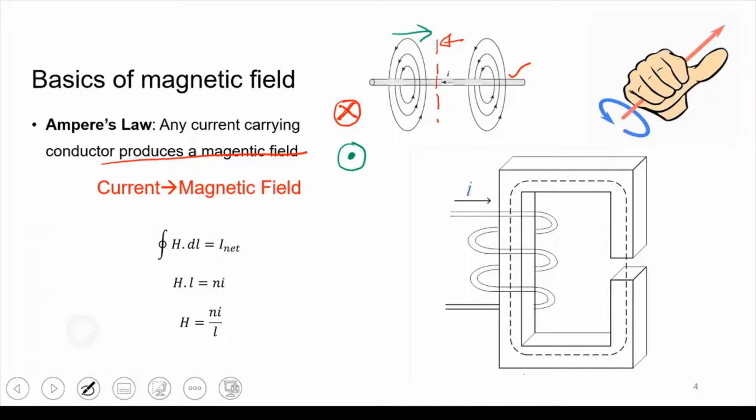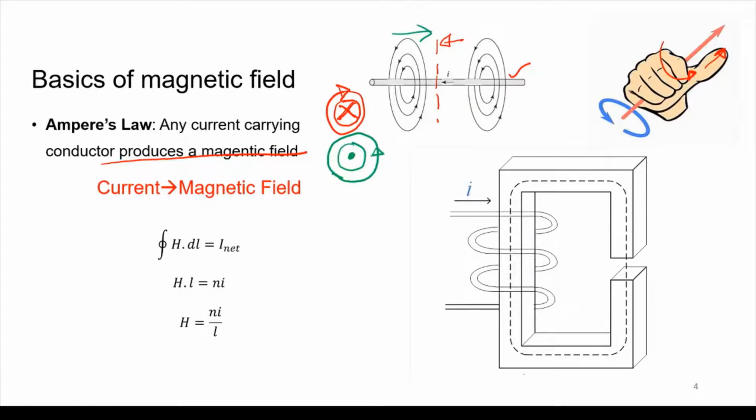Now let us see the direction of magnetic field that is produced by the current. It is determined by the right hand screw rule, which is shown by this. If the thumb points to the direction of the current, the fingers point the direction of the magnetic field. If we have cross section of the conductor with cross, the direction of magnetic field will be like this, which is clockwise.